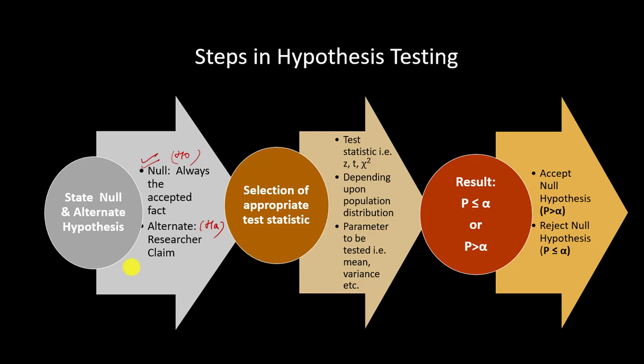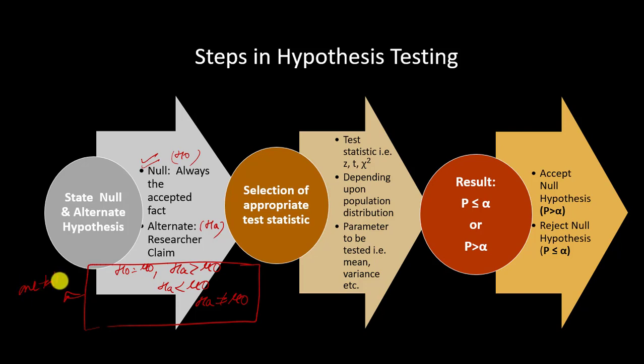Let's say that H naught is mu naught, so Ha can be greater than mu naught, or Ha can be less than mu naught, or Ha is not equal to mu naught. Depending upon the alternate hypothesis we select whether our test is a one-tailed or two-tailed test. This we have also seen in our previous lectures.